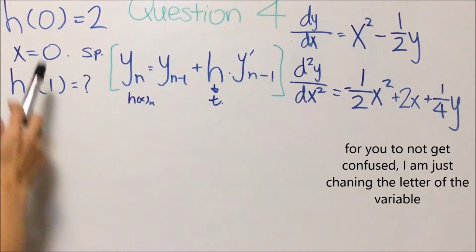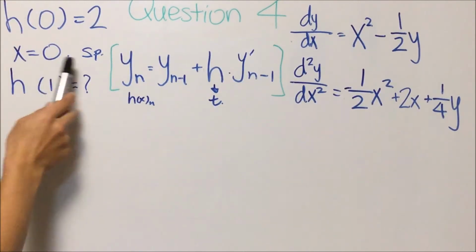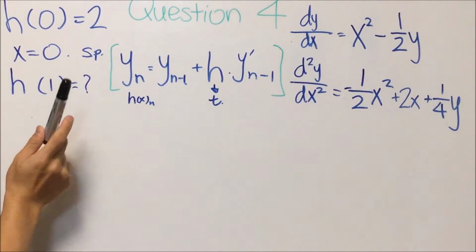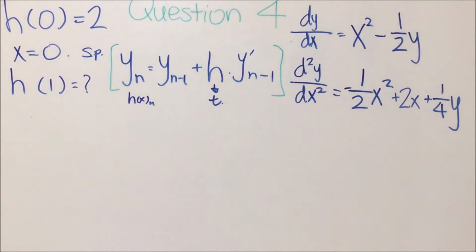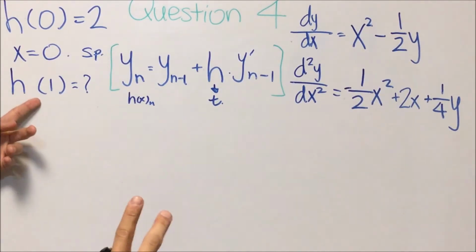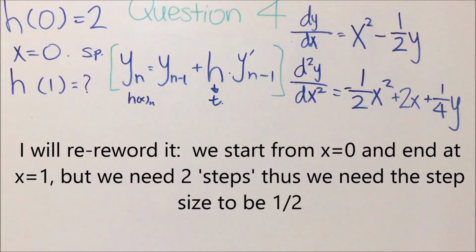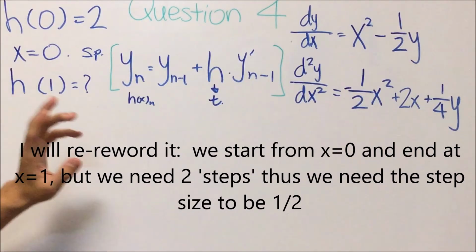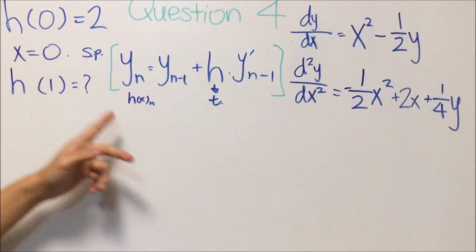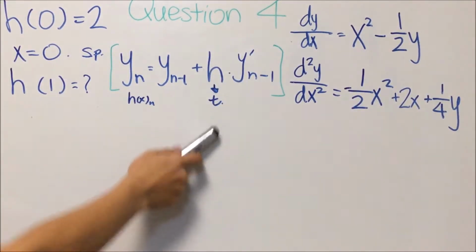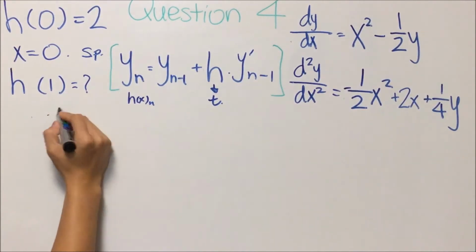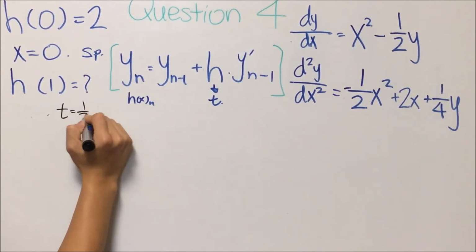Because we start at 0, the starting point, and the answer is h of 1, so 0 and 1, and it says two steps, so we need 2 steps to get here. So 1 minus 0 divided by 2 is 1/2. So the step size, the h or the t in this case, will be 1/2.